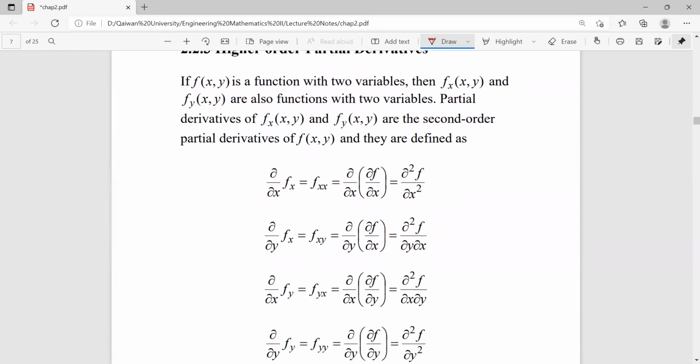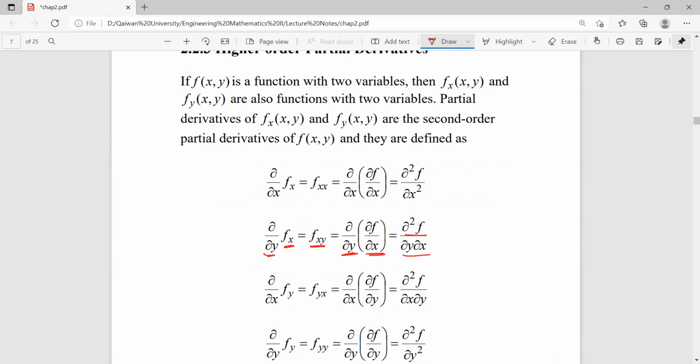Okay, and if you have partial by partial y of f sub x, it equals f sub xy. Look, here we have f sub x. When you take its partial derivative with respect to y, it becomes f sub xy. It could also be written as partial by partial y of partial f by partial x, and also as partial squared f by partial y partial x.